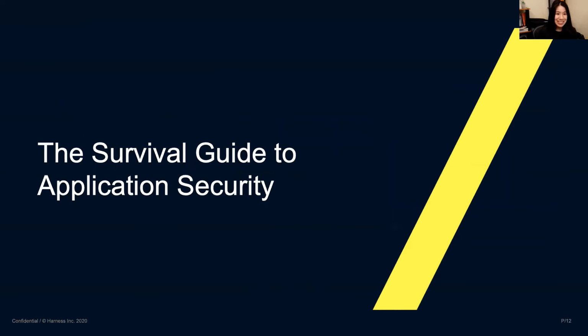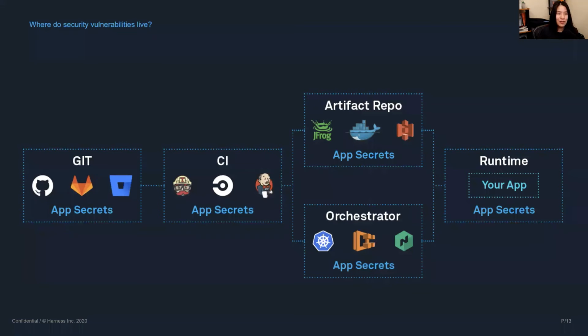So let's get to this final part of the presentation about the actual survival guide, the guide to application security. I just want to say that for a lot of people, they don't realize that there's sensitive information no matter where they are in the software development lifecycle. For example, even in our Git repositories, there are often plain text secrets or sensitive information.